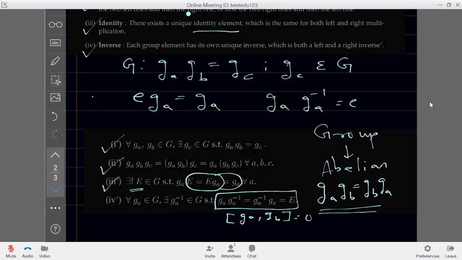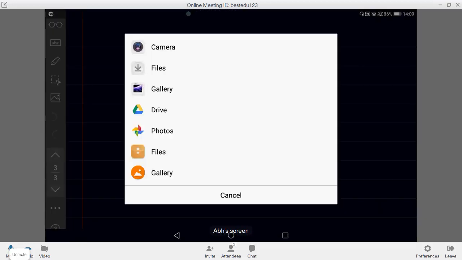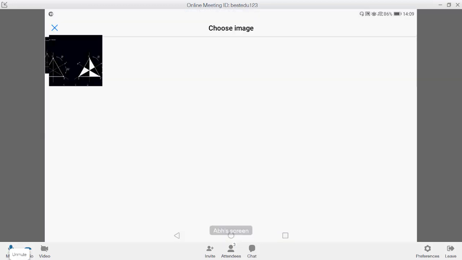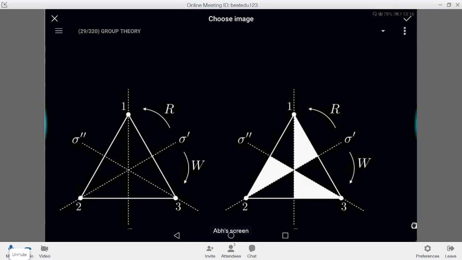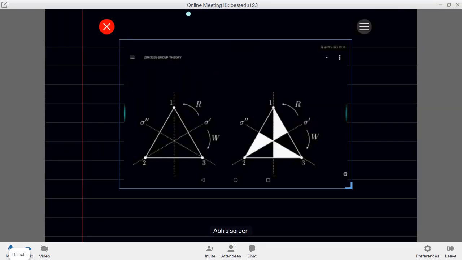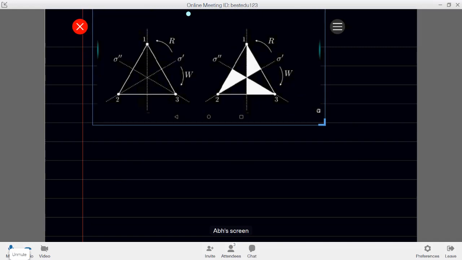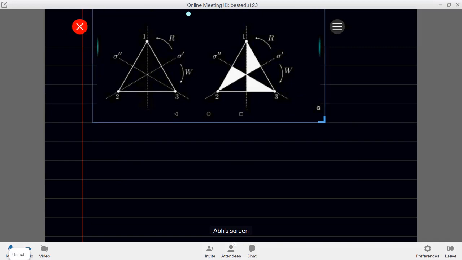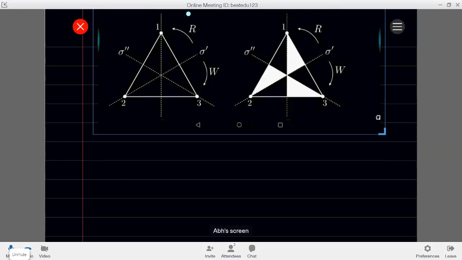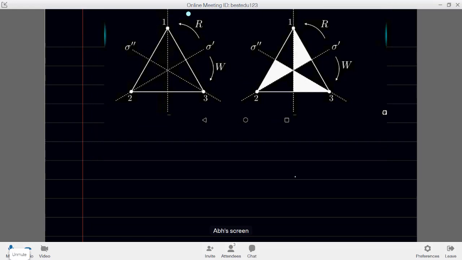Any doubt till here? No. So let us look at an example. Here, group means if we multiply elements of this group, and the resulting element is within that set, then we say closure property holds.